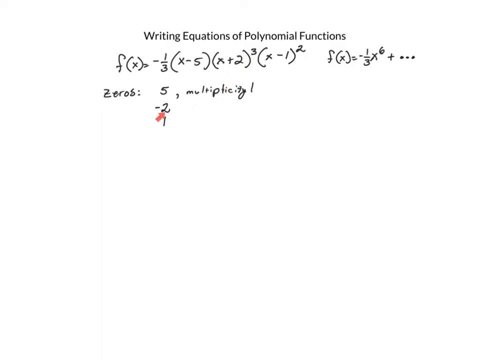So negative 2 is a 0 of multiplicity 3. And our factor x minus 1 is to the second power. So our 0, that is 1, has multiplicity 2.